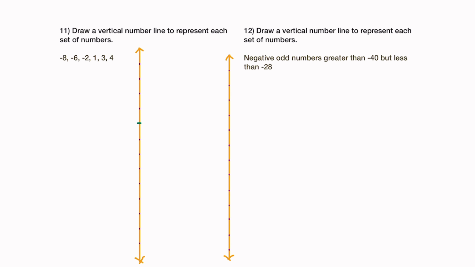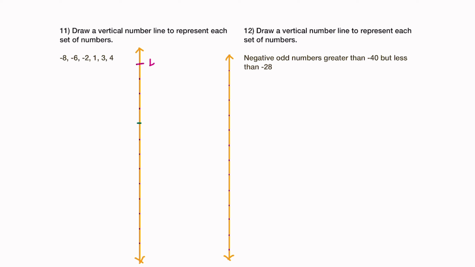Here comes question 11. It says, draw a vertical number line to represent each set of numbers. So as in the previous question, the numbers are given. We just got to plot it. And we know on a vertical number line, the positive numbers are on the top and the negative are below 0, right? We start with 4 here.